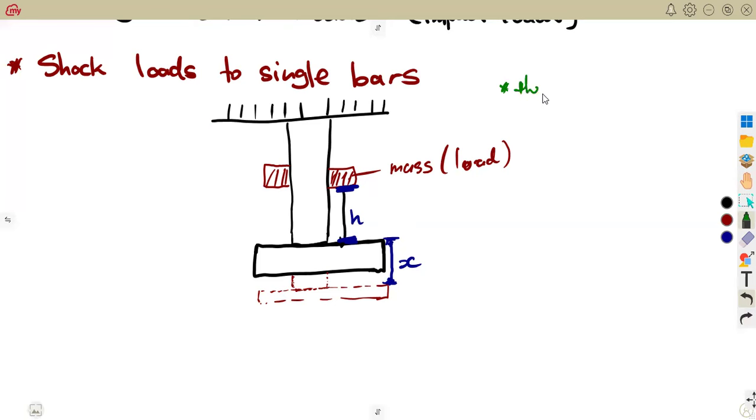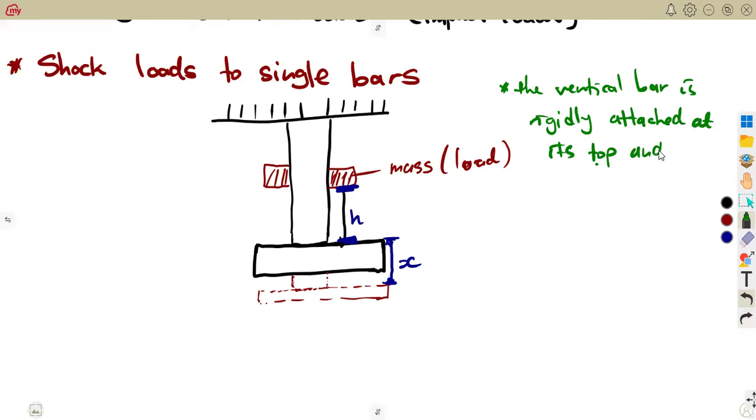Okay, so we're going to say the vertical bar is rigidly, meaning it is like the attachment that we have there, guys. There's not going to be any movement there from where it was. It's going to be rigidly attached at its top.